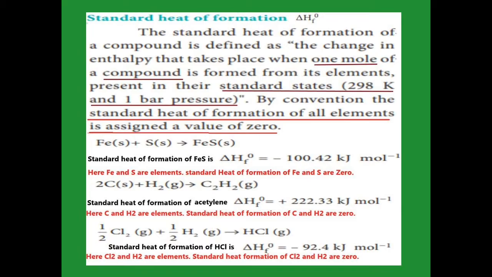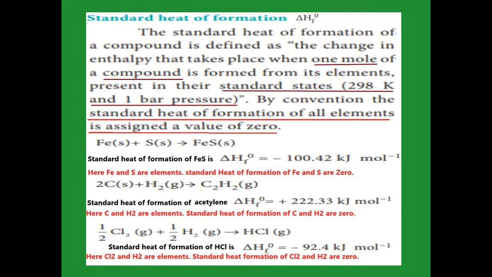But carbon and hydrogen are elements, so their standard heat of formation is 0. The heat of formation of elements is always 0, but compounds have some value, which may be positive or negative.